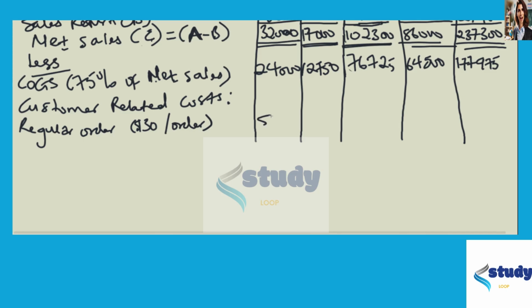So for this, we're going to have 900 for customer 1. For customer 2, we're going to have 4,200. For customer 3, we're going to have 1,650. For customer 4, we're going to have 3,000. The total would be 9,750.